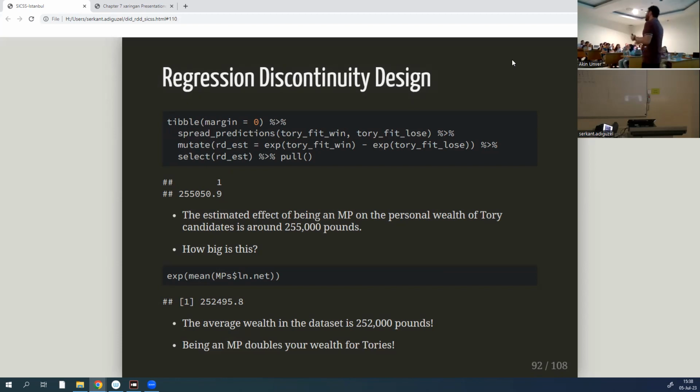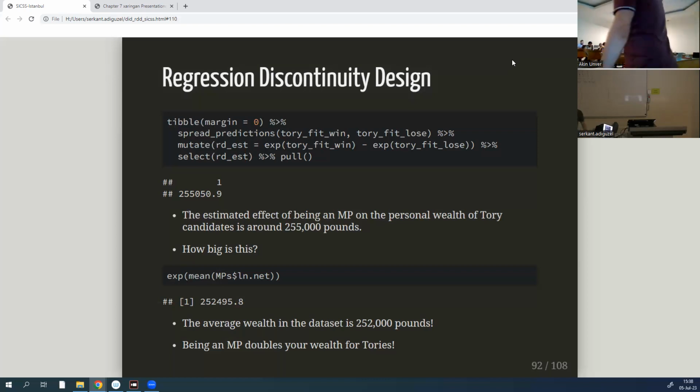So once they stop being an MP, they go and take these lucrative businesses. They do consulting, they give talks here and there, they get their money. While Labour MPs, well, they are Labour MPs. So they don't have those connections. That's the argument if you read the paper.